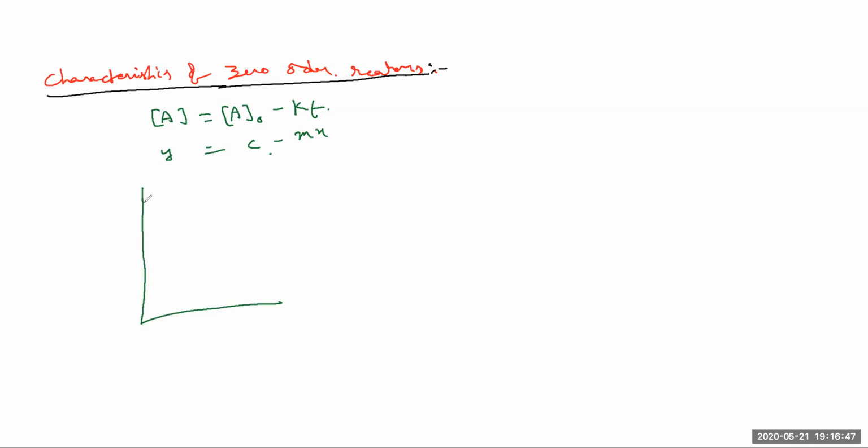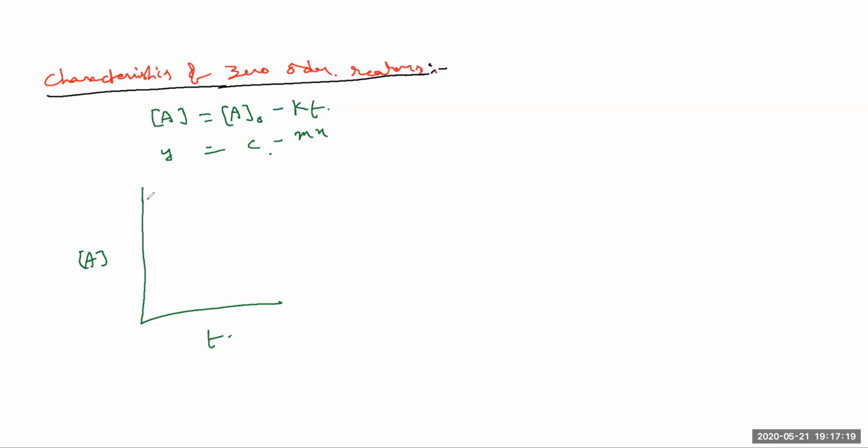This shows that the concentration of the reactant decreases linearly with time. By observing the plot, y means the concentration of A and x means time only. Now the curve will come like this.